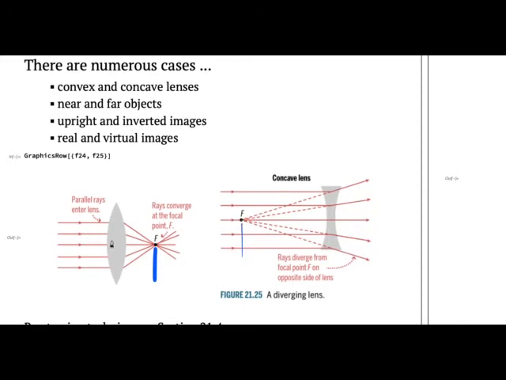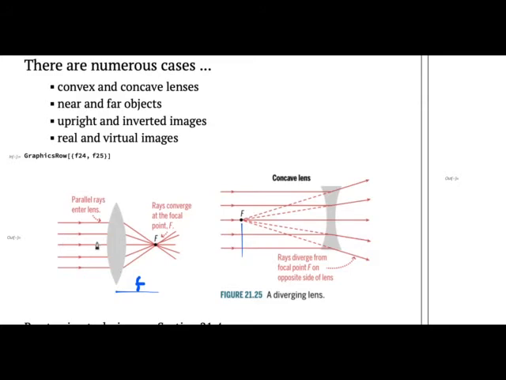Now, you can have an object which is close to the lens, in either case, or you can have an object which is far away from the lens, in either case. You could measure the distance relative to the focal length. So this will be the focal length for a convex lens.